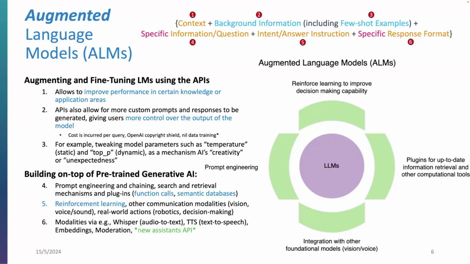You've got the information retrieval and other tools, so searching the web, searching documents, searching databases, taking action via an API, like go check this, go send an email or something like that. Through function calls as well, and then integration with other foundational models.